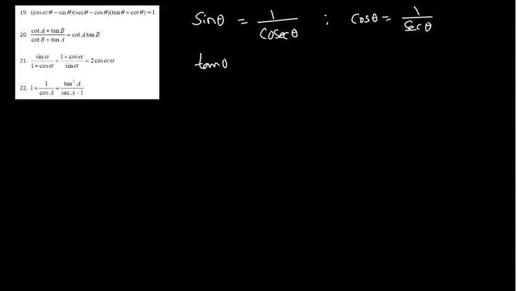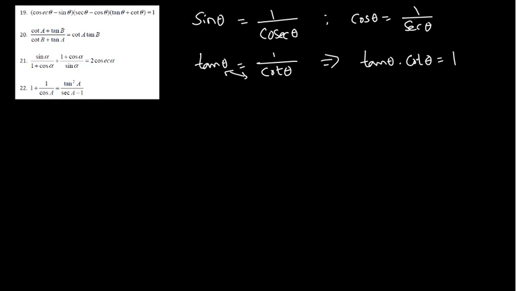Or you multiply both of them and you get 1, like tan theta times cot theta equals 1. That's what reciprocal means.